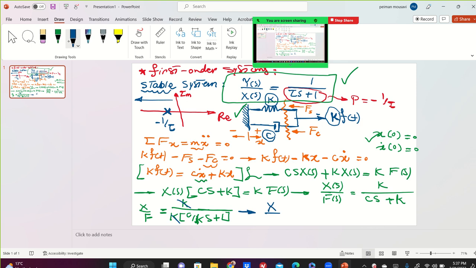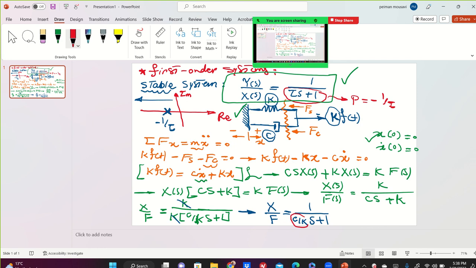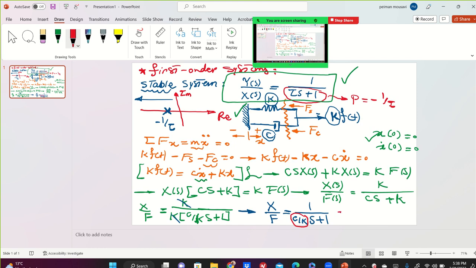So x over f is going to be 1 over C over K s plus 1. Now I can name this as tau, and I'm going to write this as tau s plus 1. Here we go. So you can model the spring and damper as a first order system.